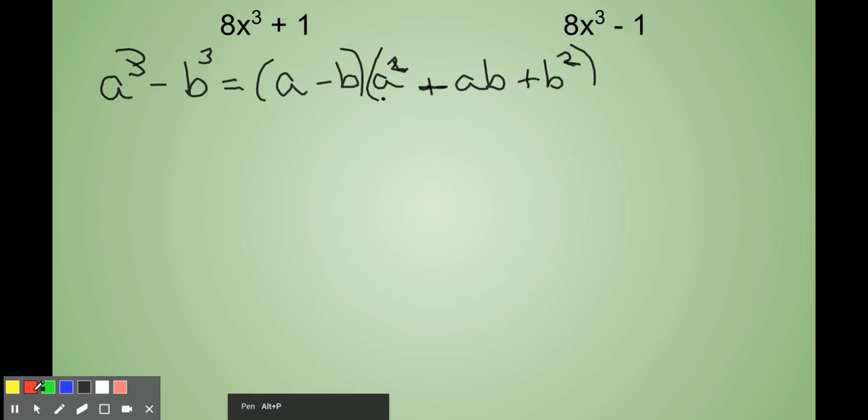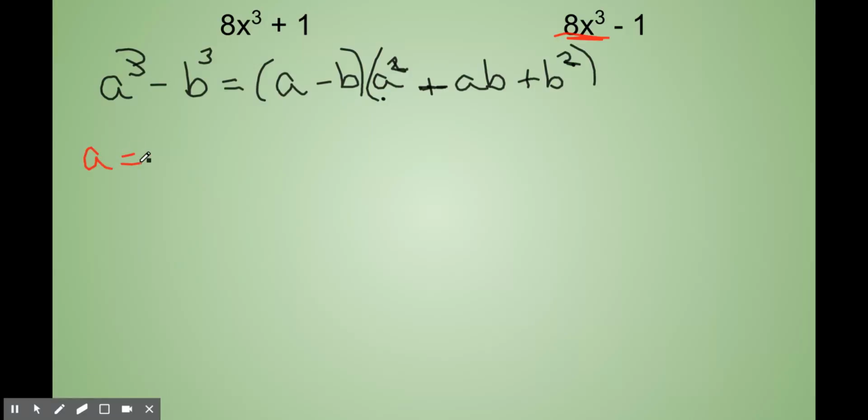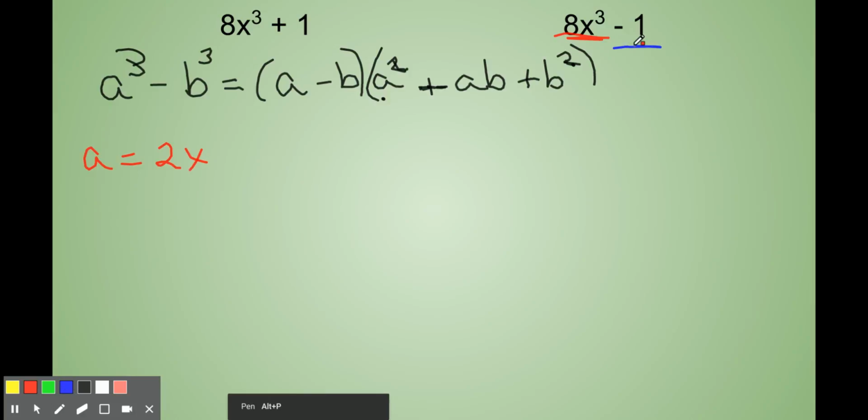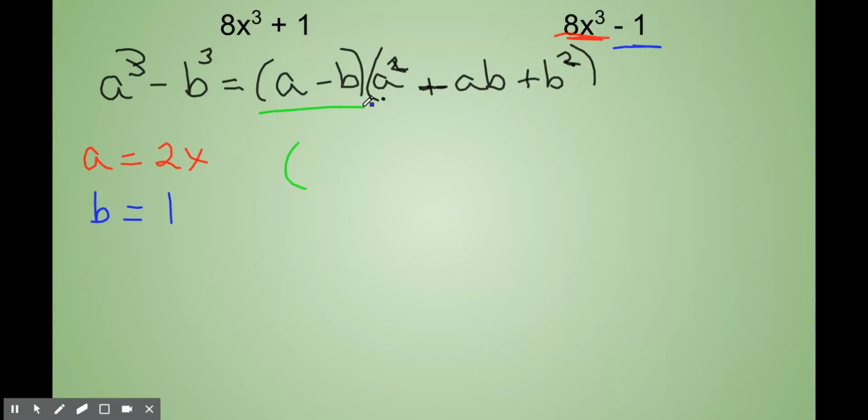So first things first, let's find the cube root of this. The a value is going to equal 2x, and the cube root of 1 is 1. So let's plug these numbers in. And I'm just going to use one color this time. So a minus b, we're going to have 2x minus 1 times the quantity of a squared.